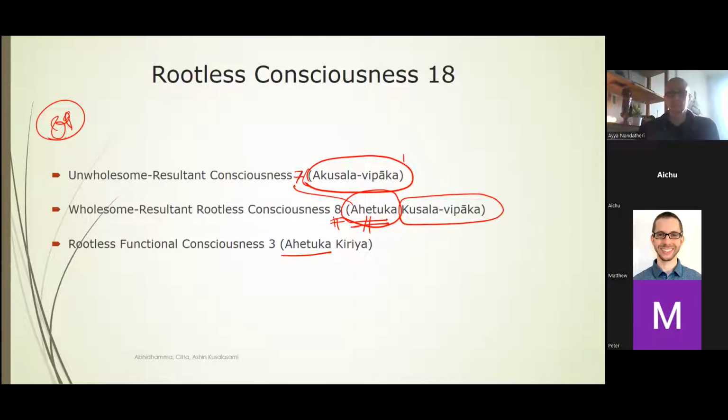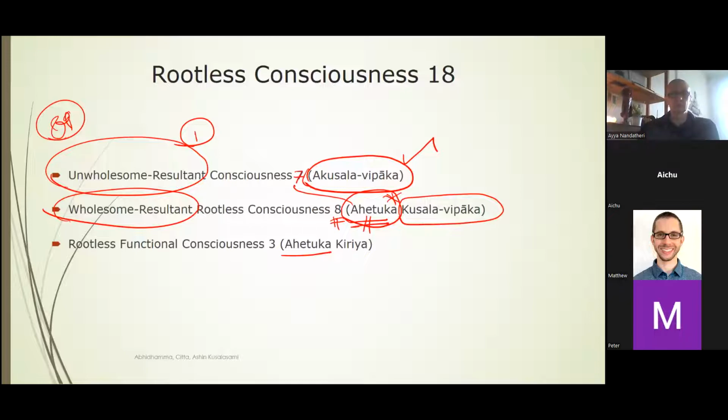So here, in these 89 consciousness, akusala, unwholesome resultant, is only 1. That's why we don't need to put ahetuka here. And wholesome resultant is not only 1.